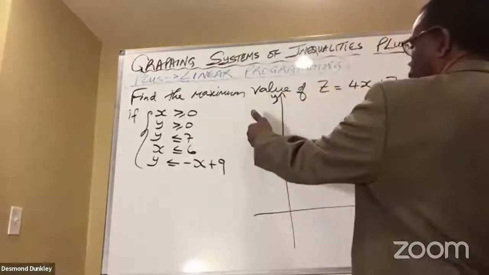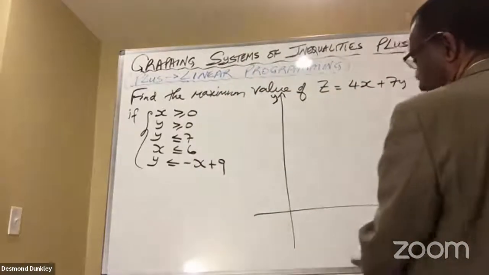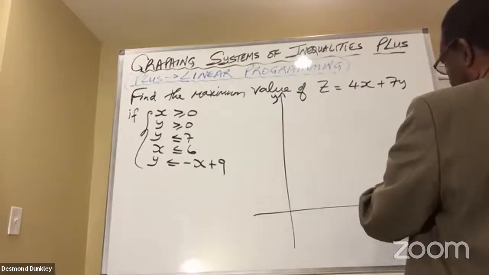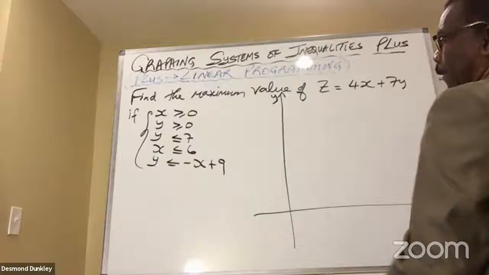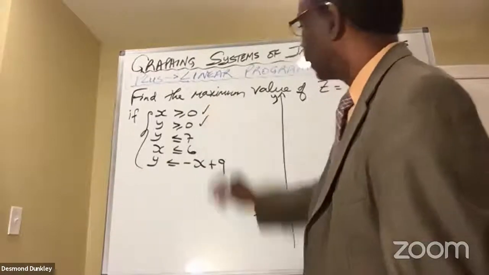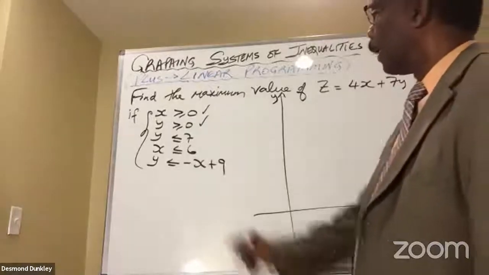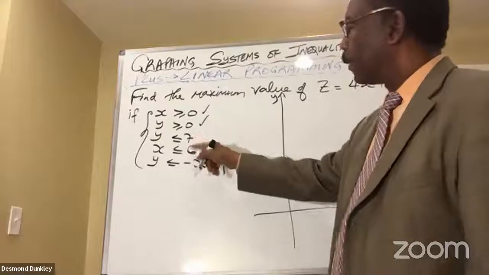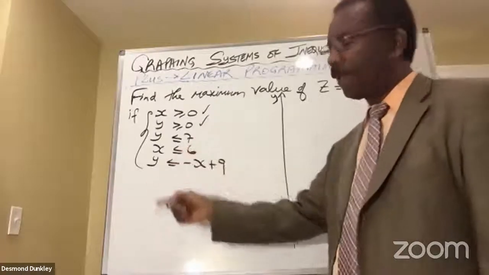We're not interested in quadrant 2, quadrant 3, or quadrant 4. What we're interested in is the first quadrant, where x is positive and y is positive. So that takes care of that. Then the next thing is that y must be less than or equal to 7. So y cannot be more than 7.